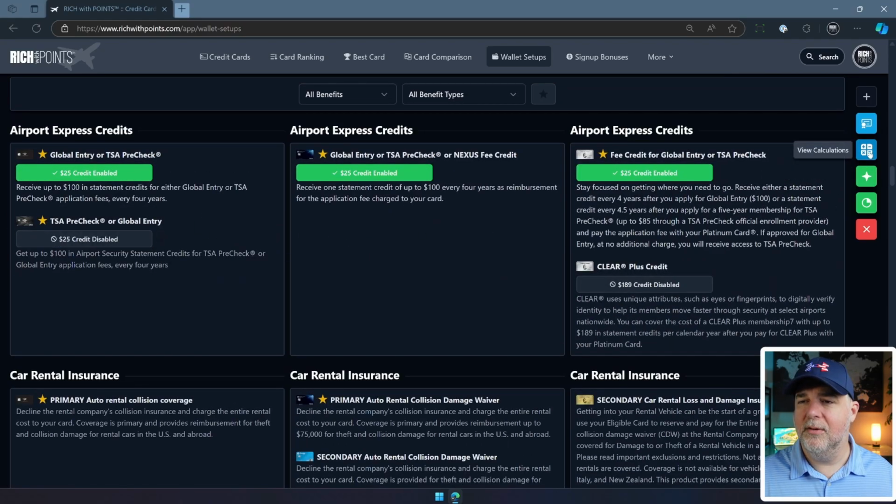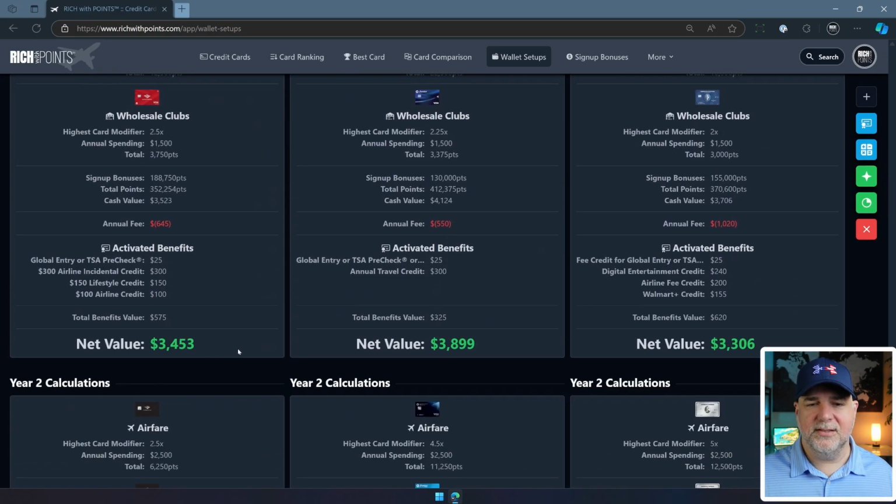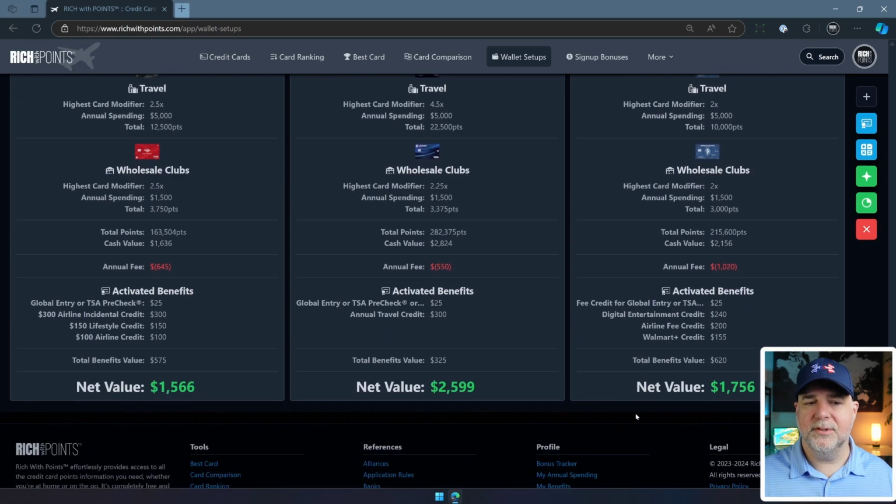If you come on down and do the calculations in the first year, yeah, so the Chase is beating it, but you are beating the American Express. And then in year 2, it'll probably be similar. Yeah. So, oh, wait, no. American Express is doing better after the first year.